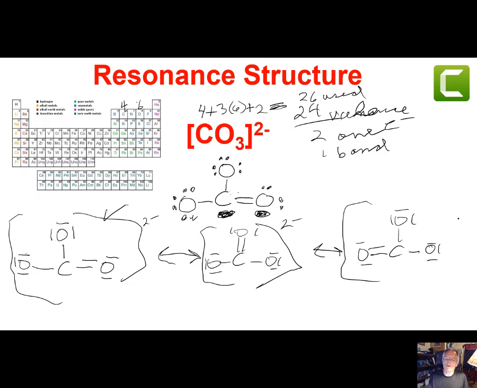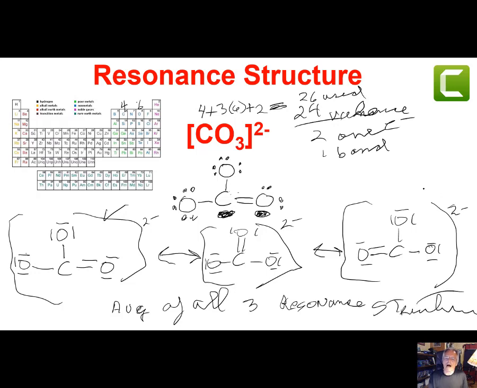Now, what is the truth about this resonance structure? The real structure is actually the average of all 3 resonance structures. If I were to ask you which one of these bonds is the shortest and the strongest, the answer is all bonds are the same.